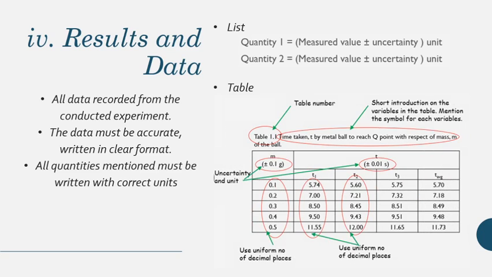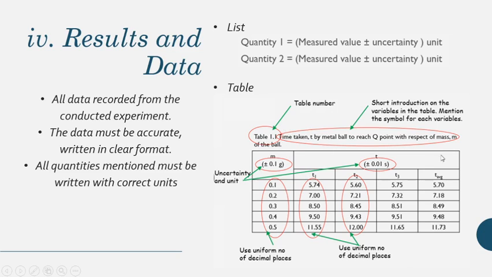Also, if you have a list of data for one certain quantity, you can write them in a table. That will be much simpler and it looks cleaner and more understandable. So this is how a table of data should look like.